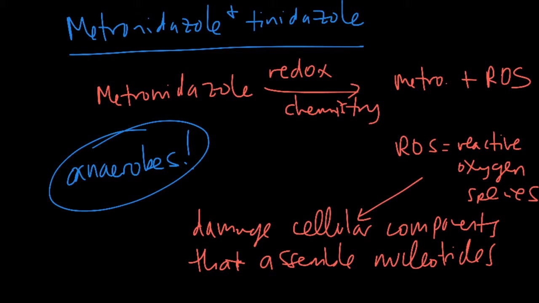So last drugs are your metronidazole and tinidazole. Metronidazole or tinidazole, through redox or reduction-oxidation reactions in the cell, produce reactive oxygen species. And these reactive oxygen species react with various cellular components within your parasites, and this interferes with nucleotide activity or DNA synthesis.